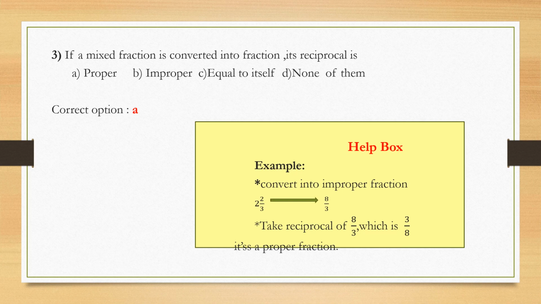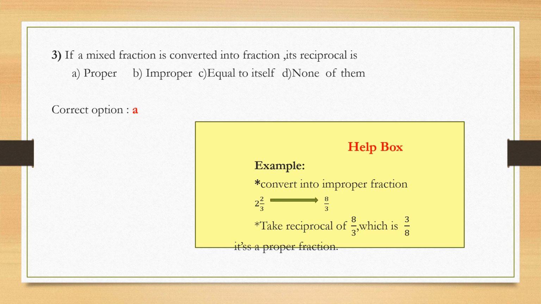If a mixed fraction is converted into a fraction, its reciprocal is, options are A, proper, B, improper, C, equal to itself, and D, none of these. Again, read the question properly.